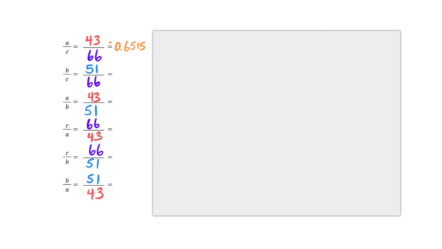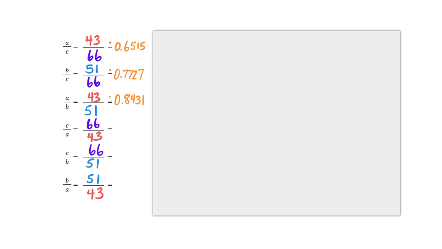So 51 divided by 66 gets me approximately 0.7727. Then if I take my 43 divided by my 51, I'm going to get approximately 0.8431. I can keep writing those as approximates, but they're all rounded. In every one of those instances, I had to round down.